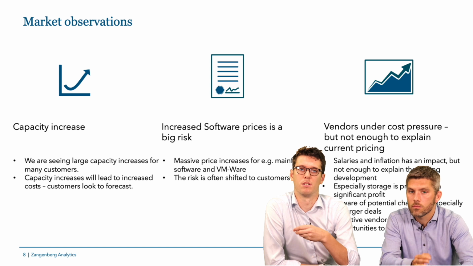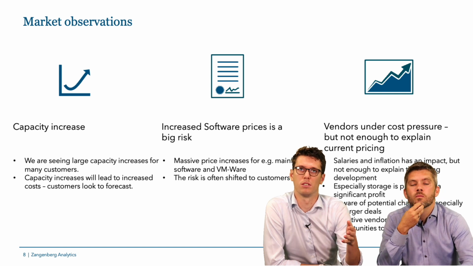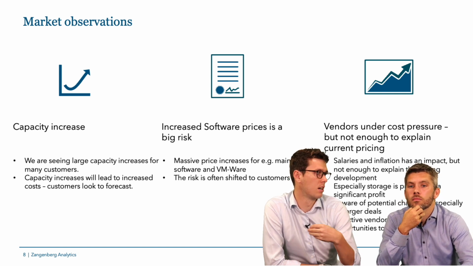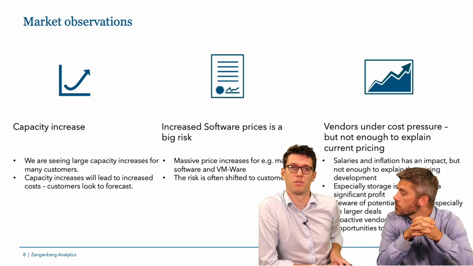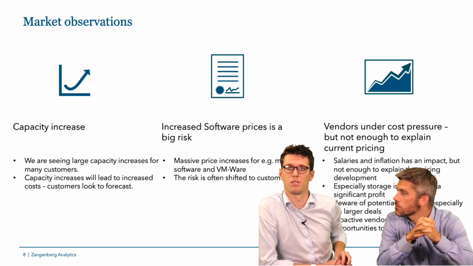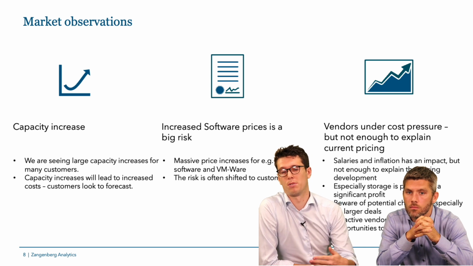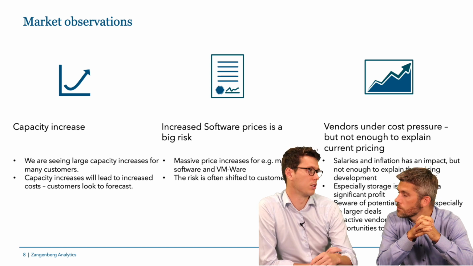Will you have contractual regulation ensuring that you as a client are rewarded on the unit prices when capacity increases and such? But the most important point is that you should look to forecast both for budget security, but also for negotiation leverage, so to speak.